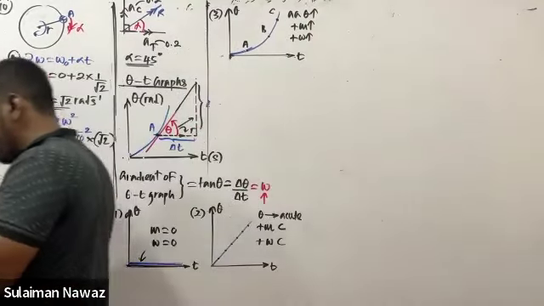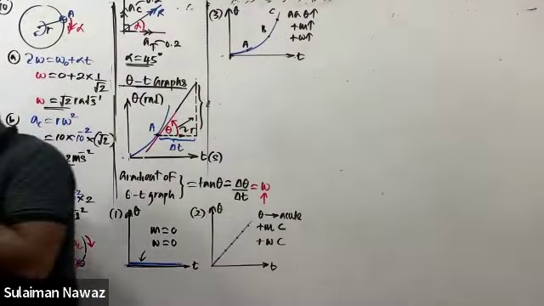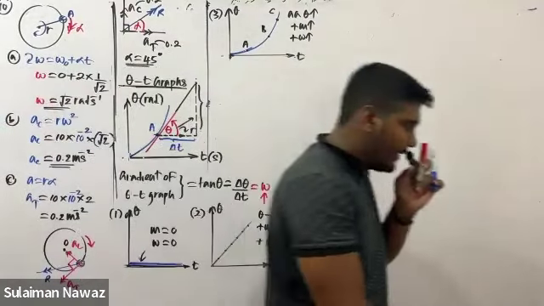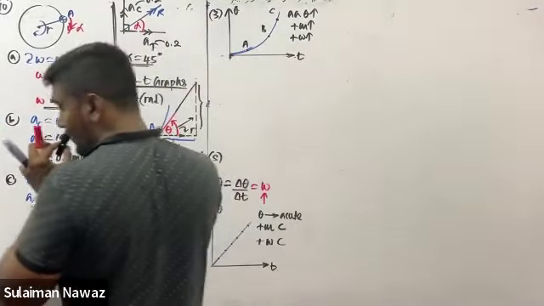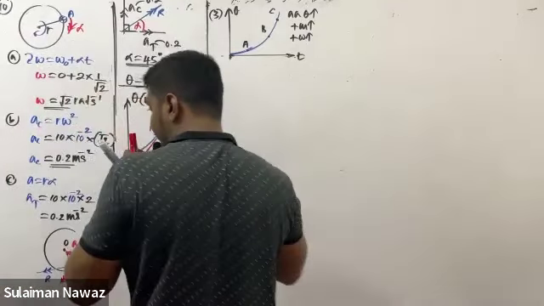Okay. So now put your main topic: angular velocity-time graphs. Omega-t graphs.